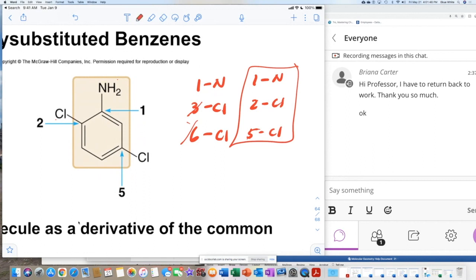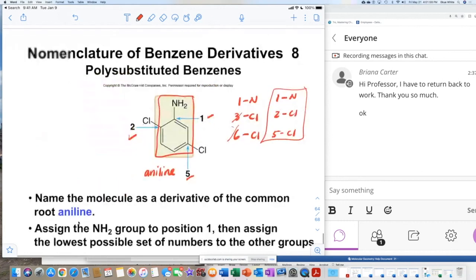Okay, so it's going to be 1, check, 2, 5. This whole structure here, the longest chain, is now called aniline. So we just now have to name the side groups. The side groups are on carbon 2 and carbon 5. So this is going to be 5 chloro and then 2 chloro.